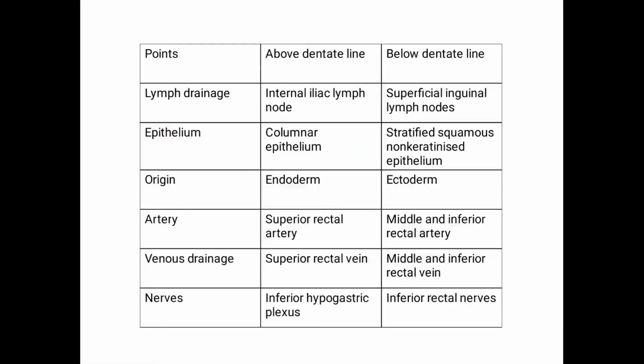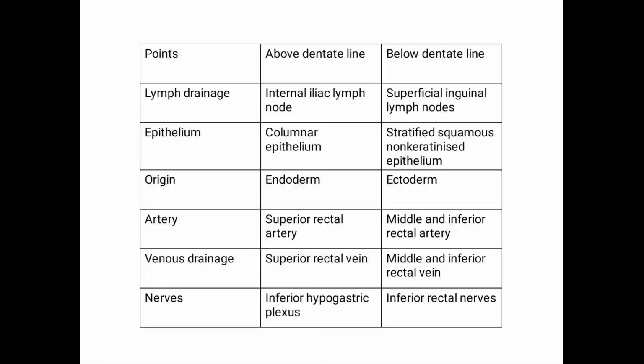We know the dentate line is a very important landmark in the anatomy of the anal canal. Above the dentate line, the lymphatics drain into internal iliac lymph nodes, lined by columnar epithelium. The origin is endoderm, artery is superior rectal artery, venous drainage is superior rectal vein, nerves are inferior hypogastric plexus.